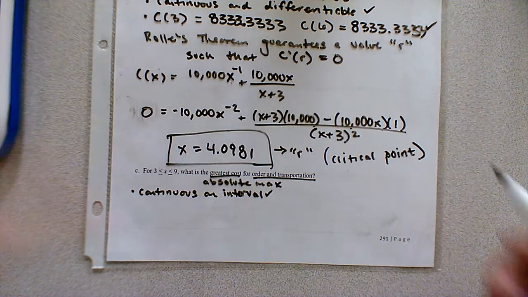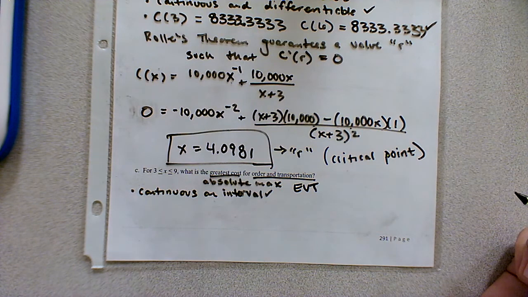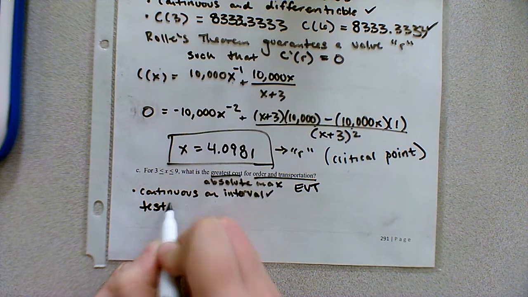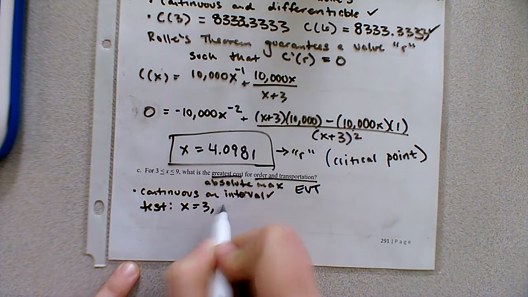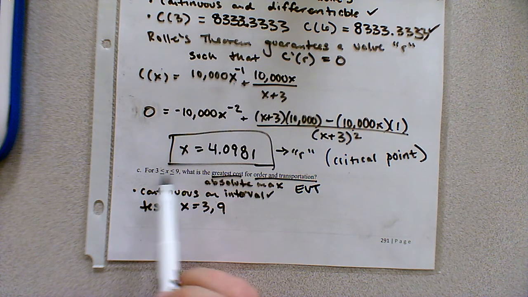So we're guaranteed a max or a min by the extreme value theorem, and that either happens at a critical point or an endpoint. So we have to test x equals 3 and 9, because those are our endpoints. We've got to think about, are there any critical points within this interval as well?